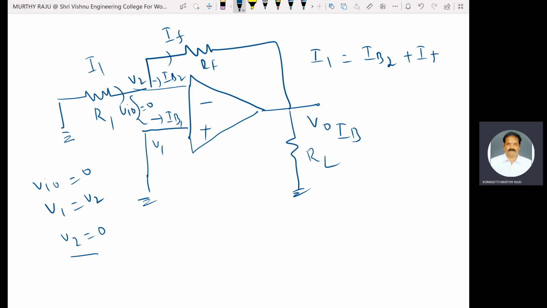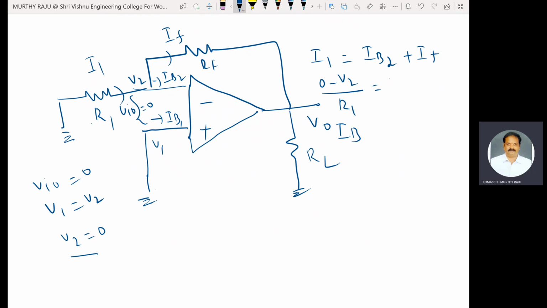Why is V2 equal to 0? Because V1 is connected to ground, and VIO equal to 0 means V1 is equal to V2. Therefore V2 is also 0.